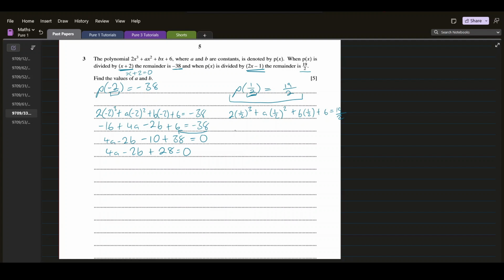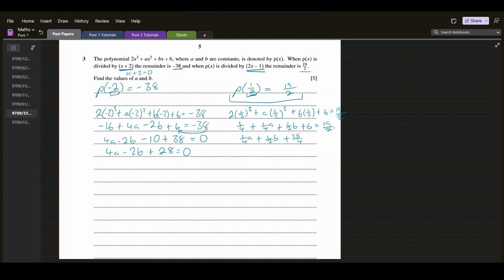Okay, so half cubed is 1 over 8. 2 times 1 over 8 gives us 1 over 4, plus a quarter a plus 1 over 2b plus 6, and this is equal to 19 over 2. So this becomes a quarter a plus half b. Then we have 6 plus 1 over 4. That gives us 25 over 4.